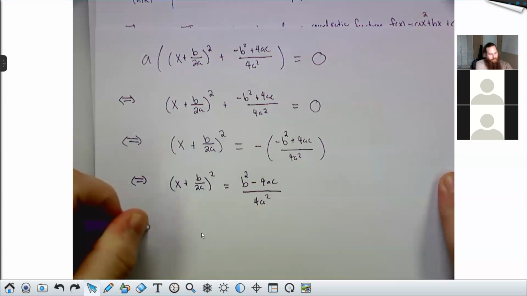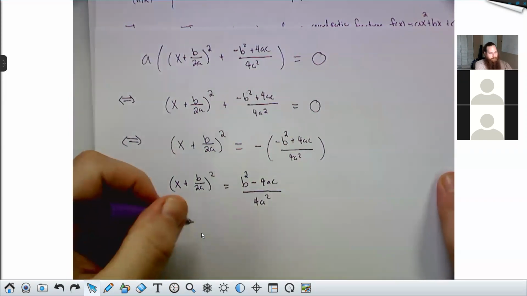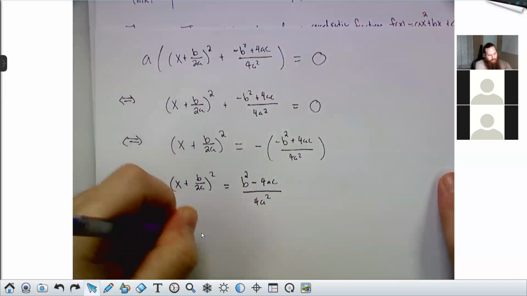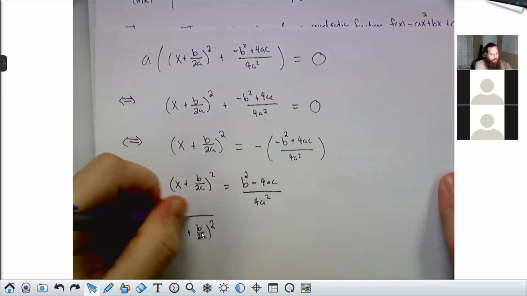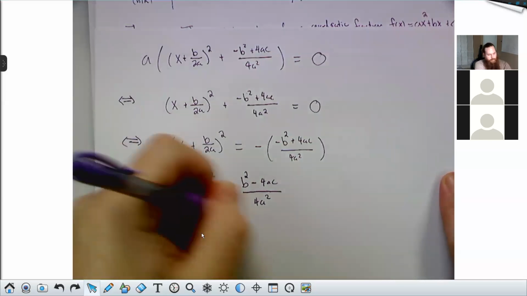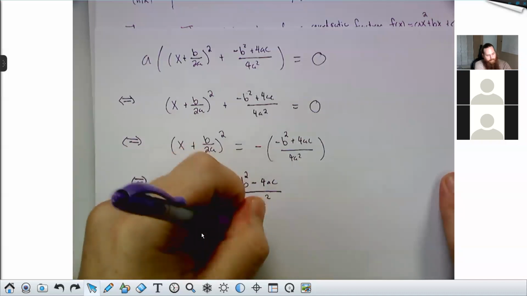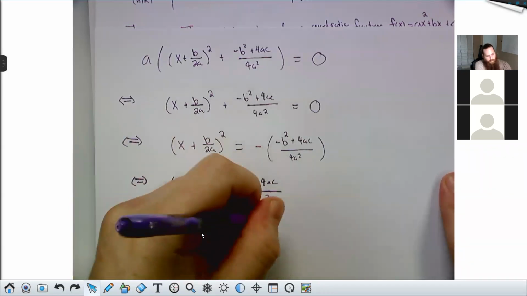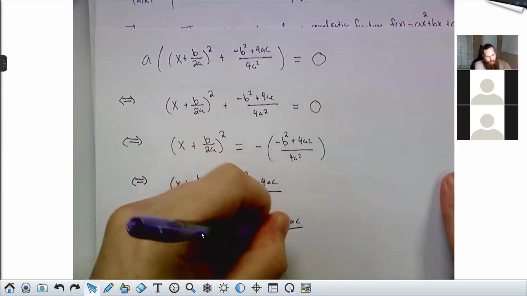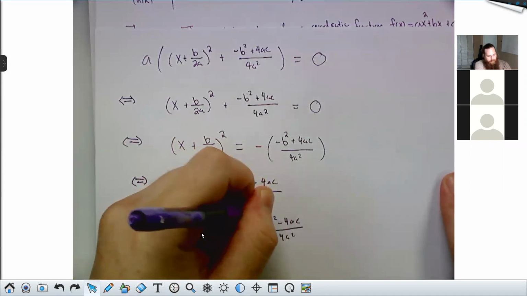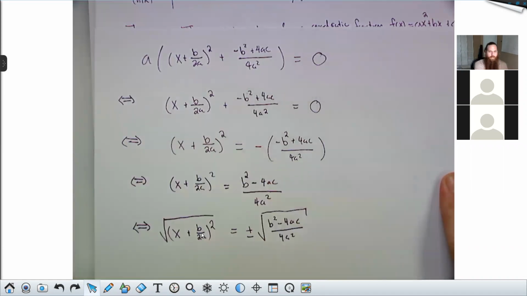Finally, I'm going to take square roots on both sides. So I take the square root over here, and I take the square root over here. I get a plus minus. Like this.